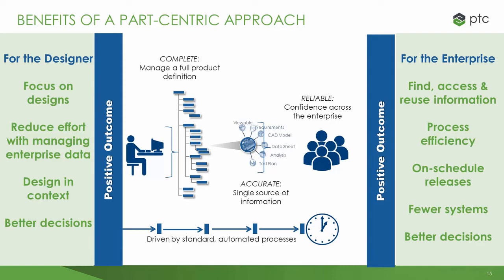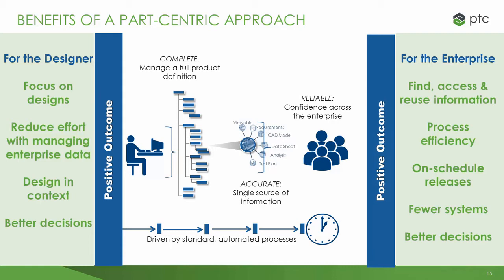The bill of material and its related information is updated as a result of further development or our engineering change processes using standardized automated workflows. And it's accessible to downstream consumers to view the information that's relevant to them at just the time they need it.